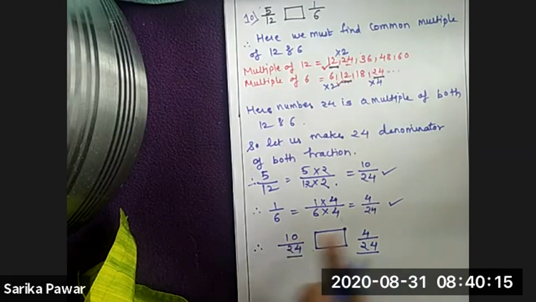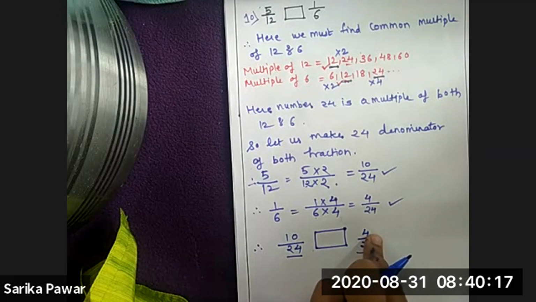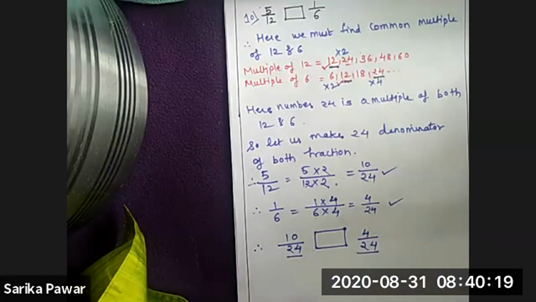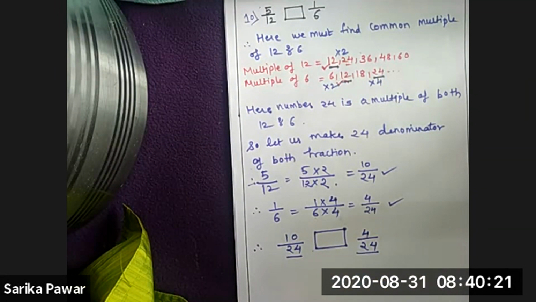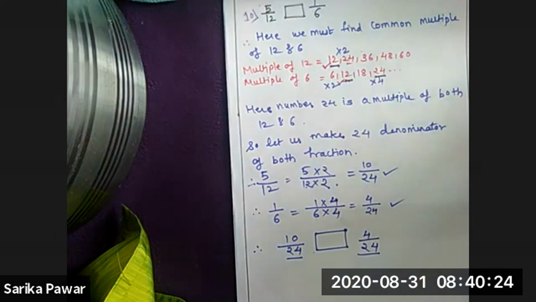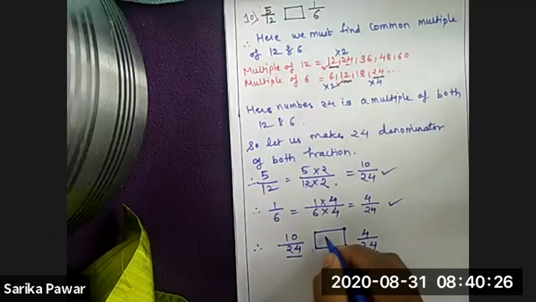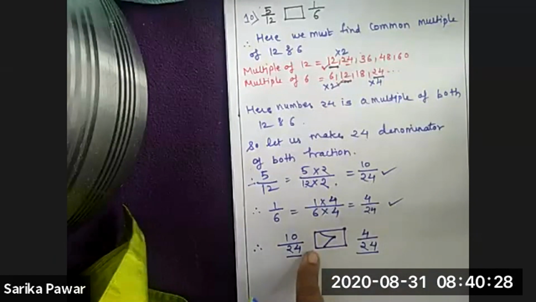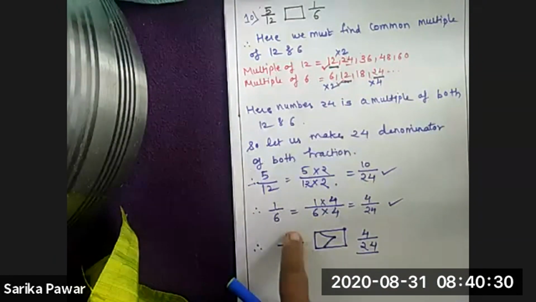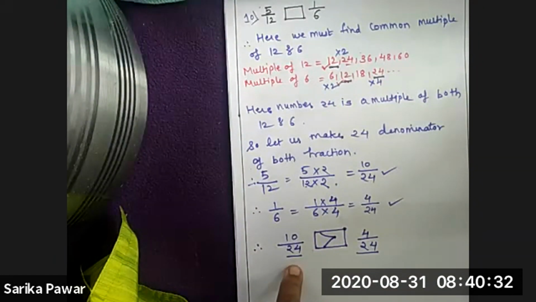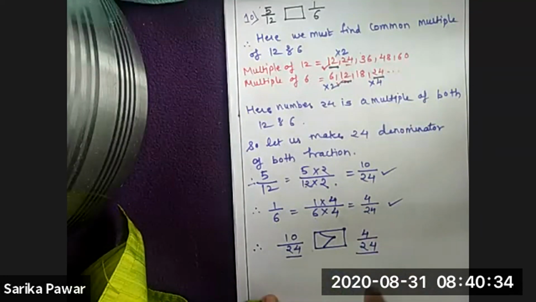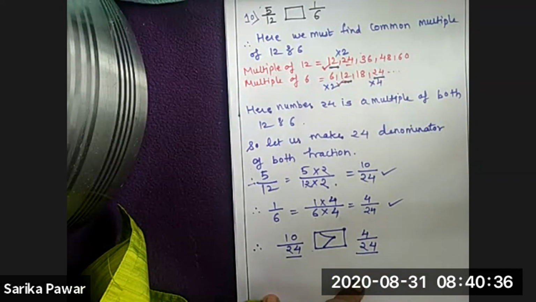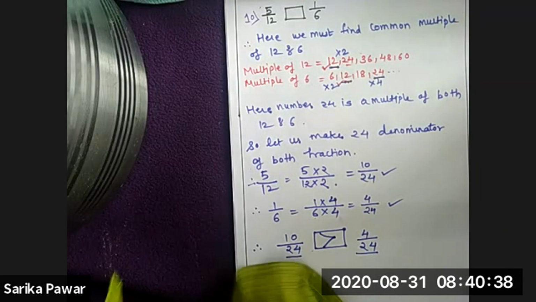Now tell me, which number is greater and which is smaller? 4 is smaller, 10 is greater. Very good. So we will put the greater than sign here, and 10 upon 24 is the greater fraction than 4 upon 24. Got it, all of you?